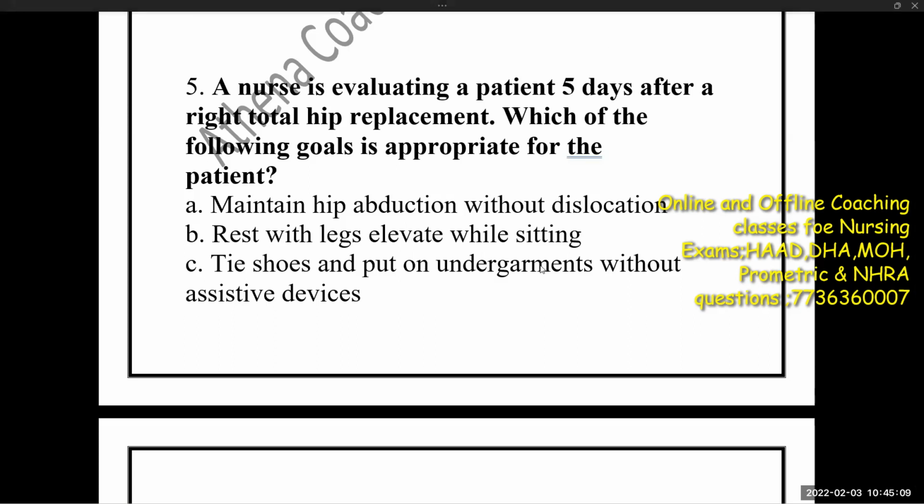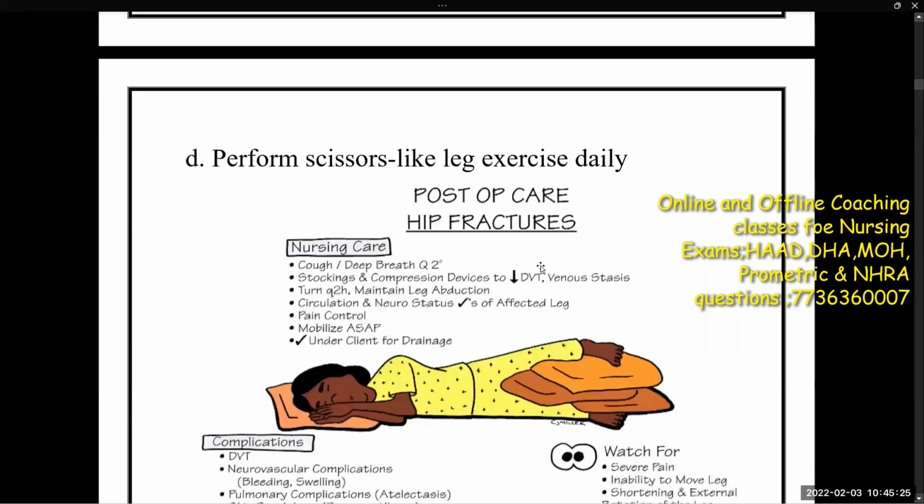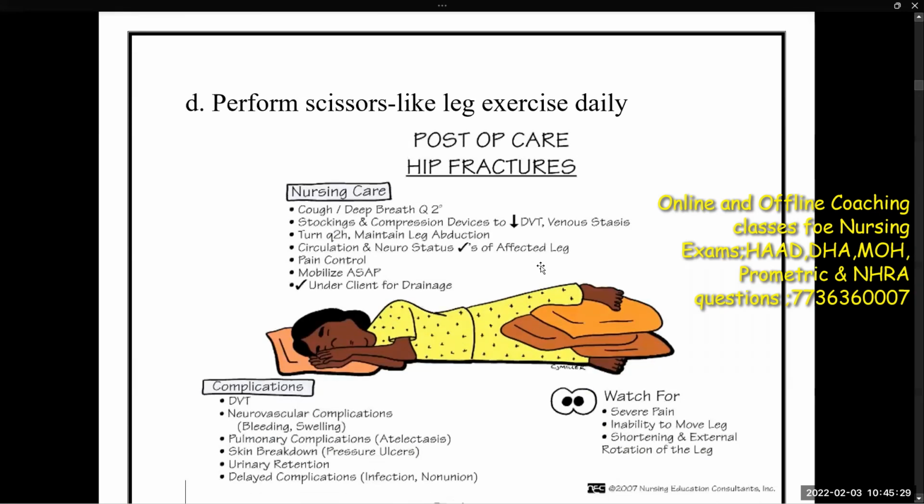Very good. And see, you will get many questions related to hip replacement surgery. Immediately after hip replacement, what are the interventions? You will get those questions. And how do we take care of a patient following hip fracture? Okay, so please look at the picture.